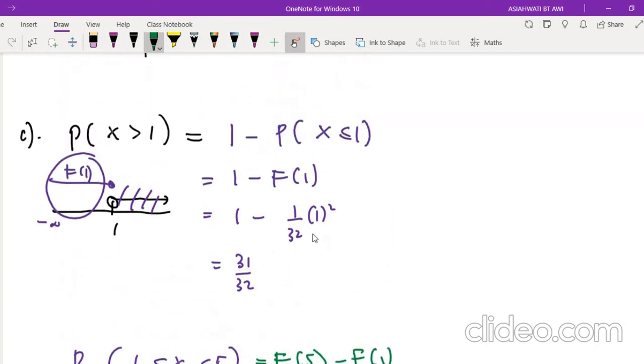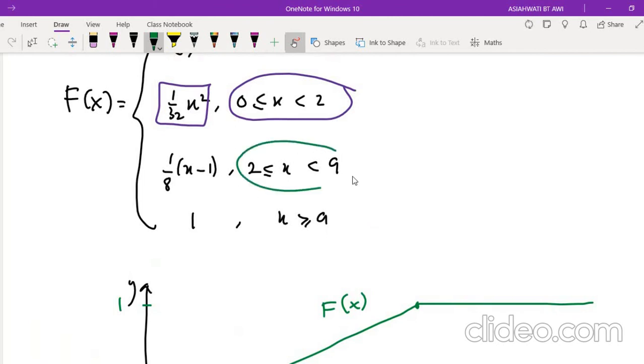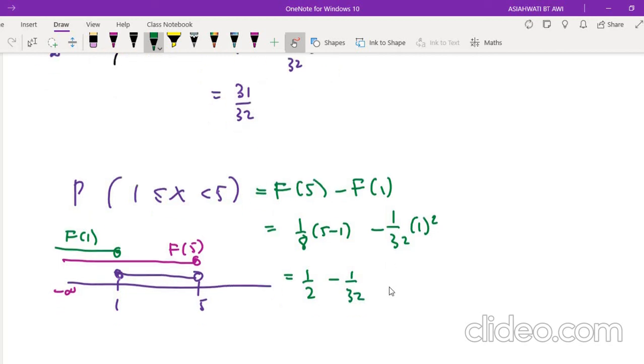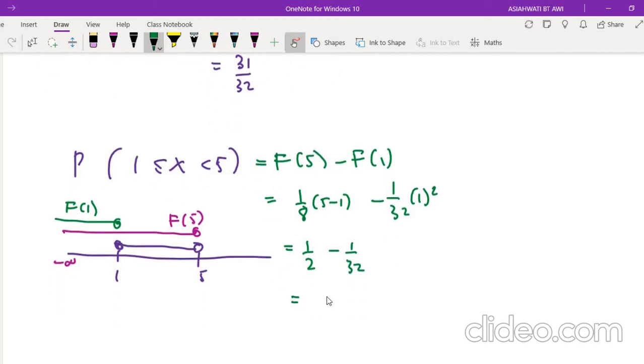From the piecewise function, 5 lies in the interval from 2 to 9, so take that function and substitute 5, and 1 lies in the first function. So 1 over 8 times (5 minus 1), minus 1 over 32 times 1 squared. So 4 over 8, which is 1 over 2, minus 1 over 32, equal to 15 over 32.